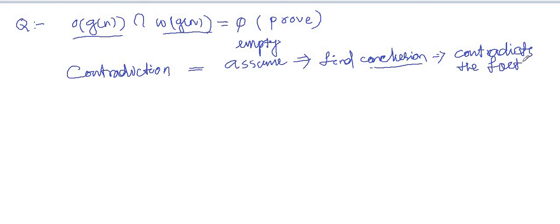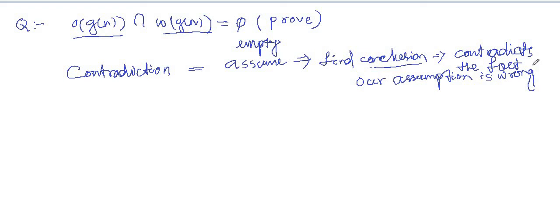Okay, so because we have assumed something that is giving us some conclusion that contradicts the fact, what we get as the conclusion later is that our assumption is wrong.